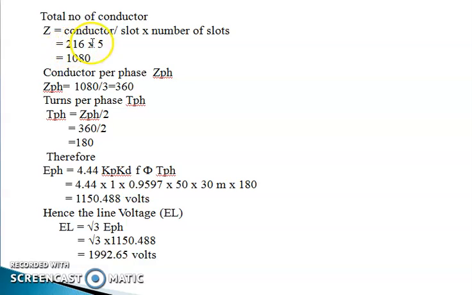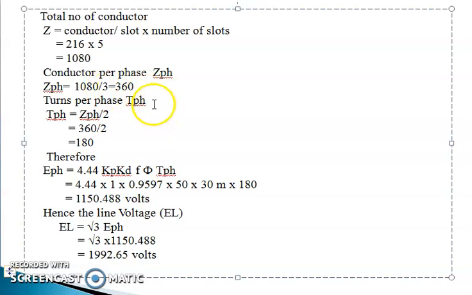We need to multiply conductors per slot by the number of slots to get the total number of conductors Z. So 1080 is the total number of conductors in the three-phase synchronous generator. The number of conductors per phase is given by 1080 divided by 3, which is equal to 360.